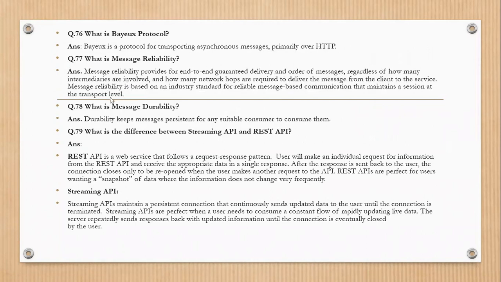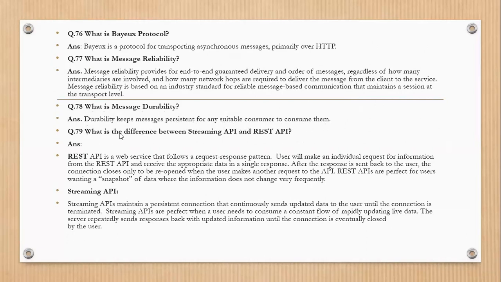Message reliability is based on an industry standard for reliable message-based communication, maintained at transport levels. Next question: what is message durability? Durability keeps the message precedence for any suitable consumer.